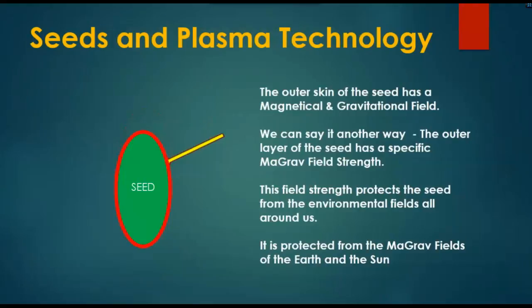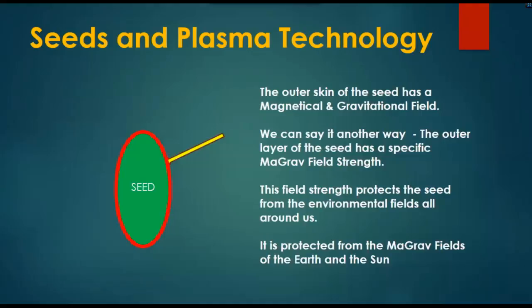So when we look at this outer skin, the outer layer of the seed, because the seed itself is made of dried GANs and different layers of GANs, it creates its own magnetical and gravitational field. So this outer skin is not just a skin, but a magnetical and gravitational field which we can see.